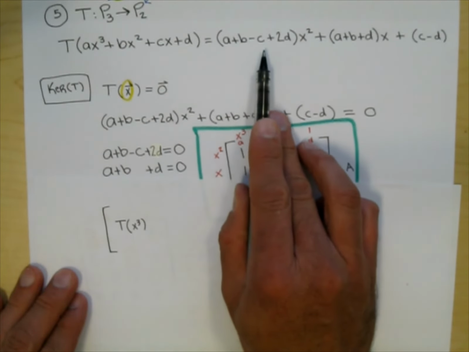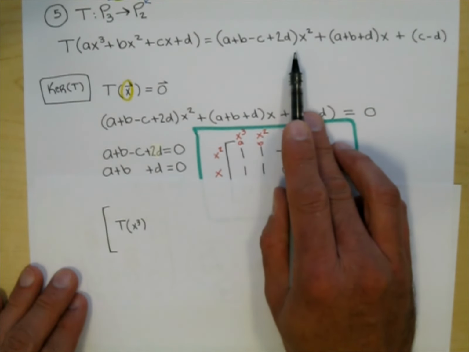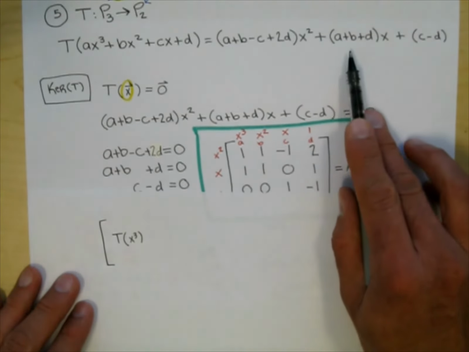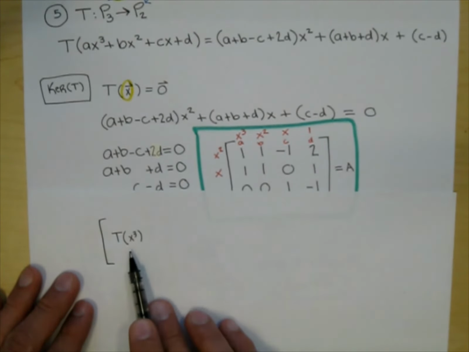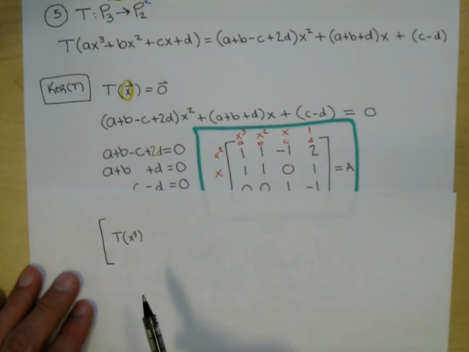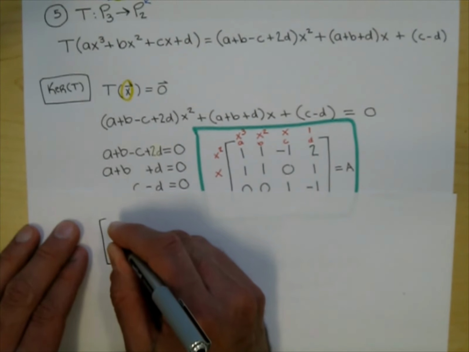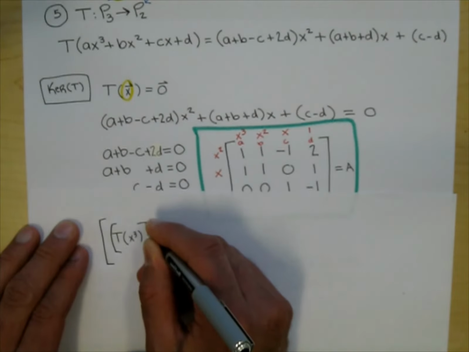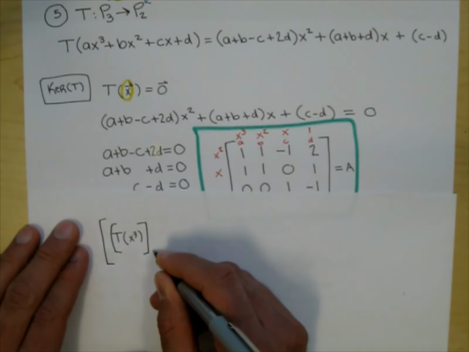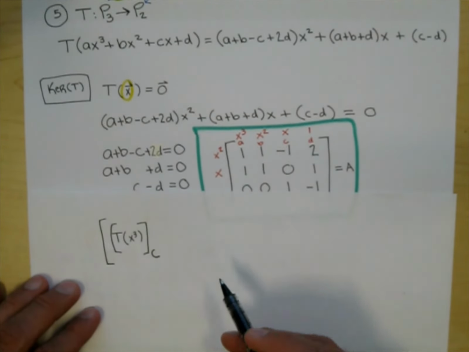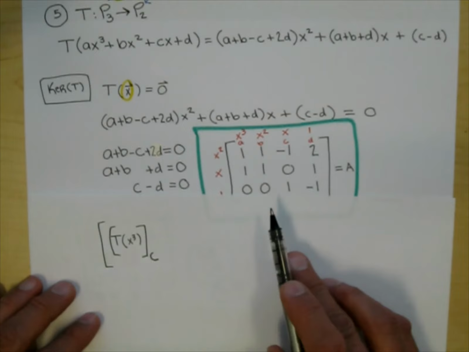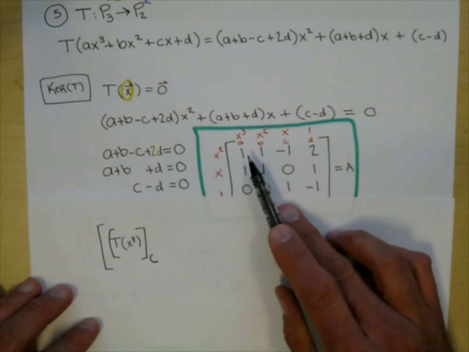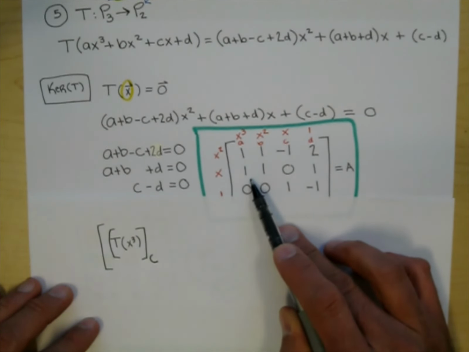This gets you x squared plus x. But really what I want is the component vector with respect to a basis c. So instead of saying x squared plus x, it's going to give me 1, 1.